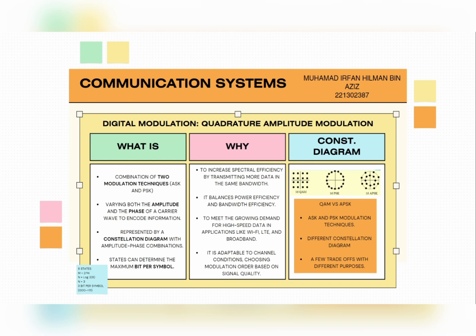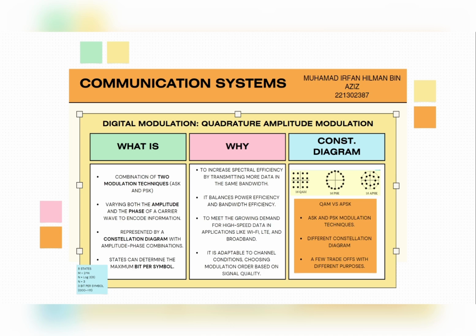So why do these two vary from each other? It is because they serve different purposes. Therefore, there are a few trade-offs between QAM and APSK, and some of them are spectral and power efficiency, noise sensitivity, application, as well as the constellation diagram.